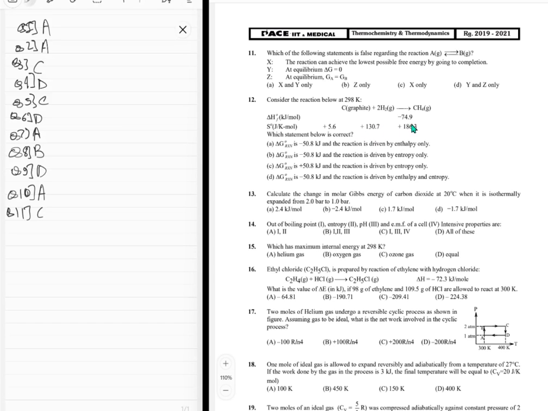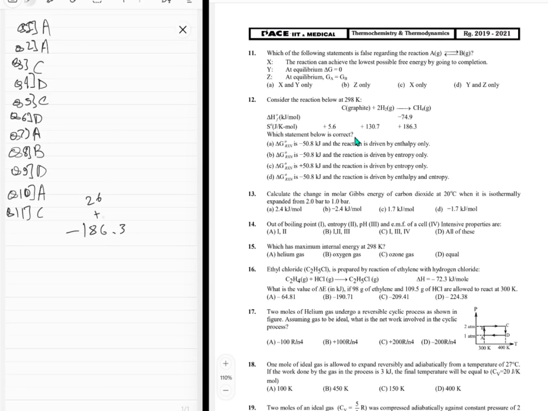So 5.6 plus this, that's just 136.3, which is less than that, right? So your entropy increases. What? Seriously? Okay, so 2 of these. Then it should be 261.4 plus 5.6 minus 186.3.